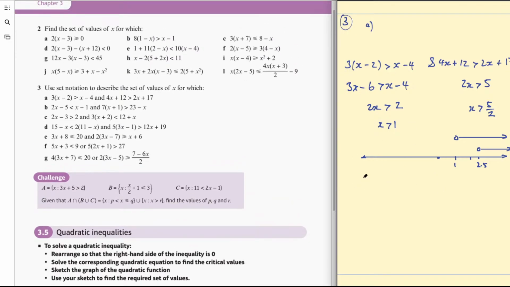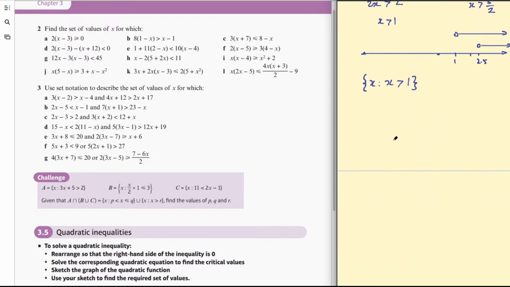Possibly we can just give our answer as this. Okay, so that is the solution, x greater than 1. Let's do one more. Or maybe we say solution set. I think that's the correct language to use.